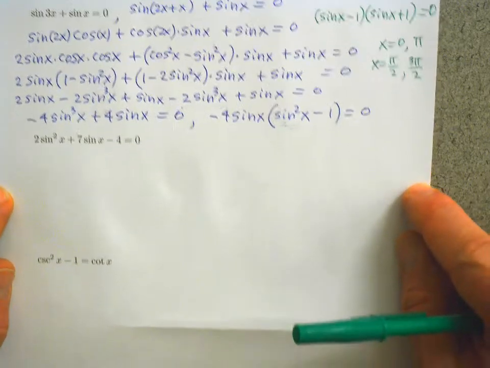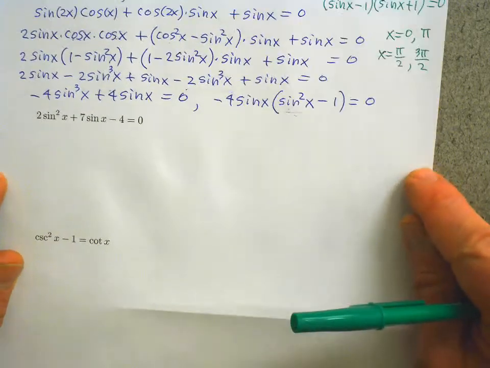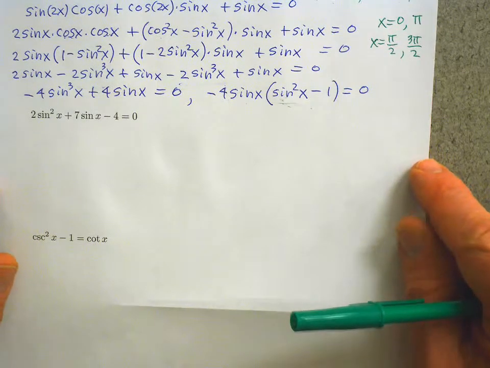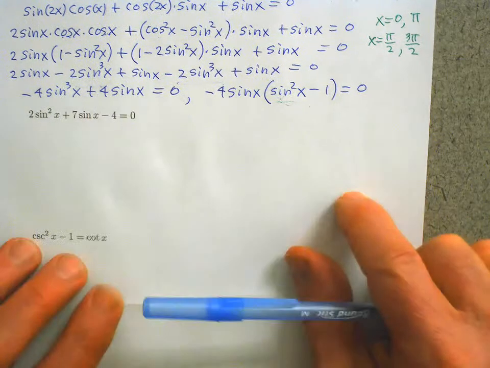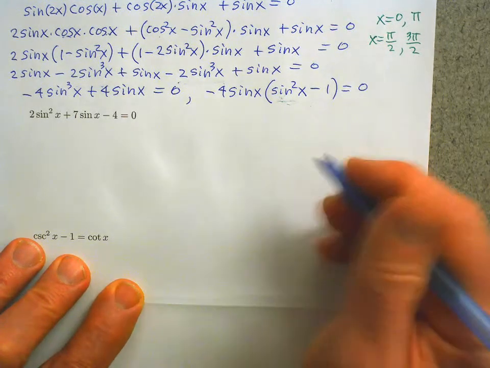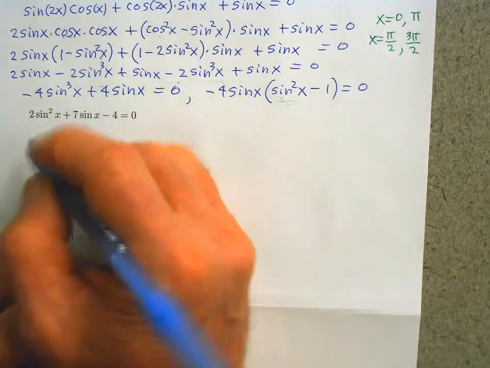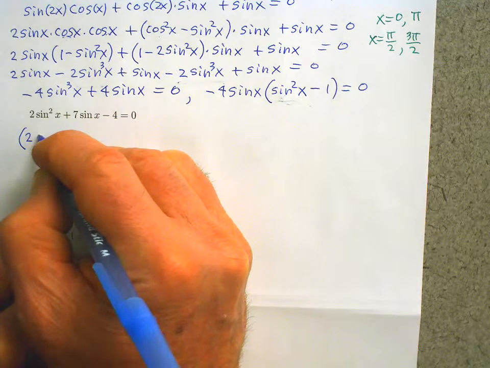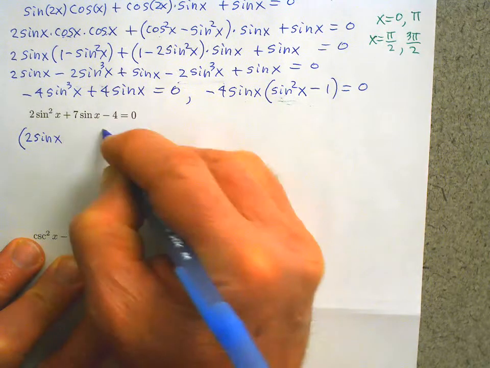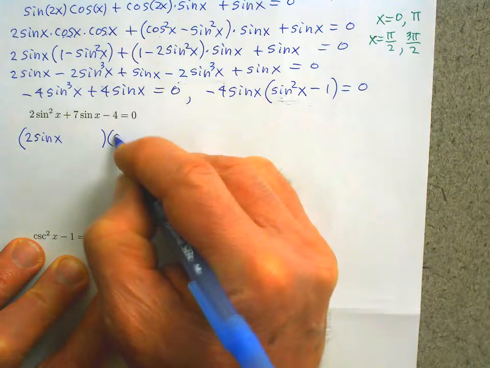Okay, more of the same. The next one is a trigonometric equation that's quadratic in form. So we can factor this one. In one factor, I'll write 2 times sine of x, and the other one, I'll write sine of x.